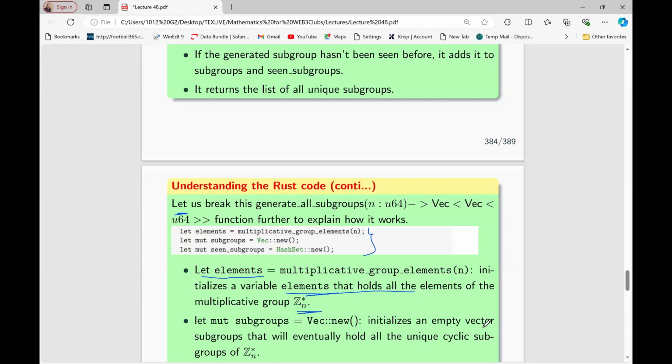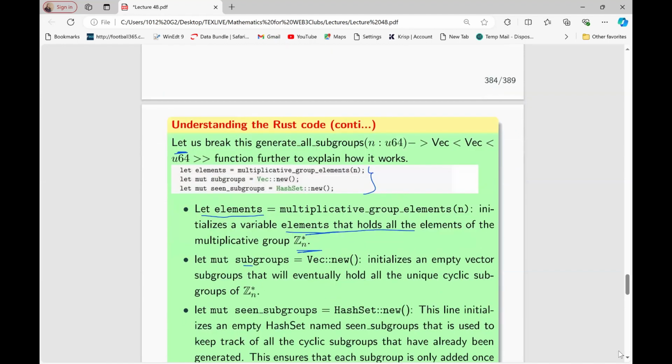Then we have this part, and again I've said what it does. It creates an empty vector for storing the subgroups. Is that okay? It's just a creation of that empty vector. Then this one again, the creation of the hash set that will ensure that there are no duplicates.